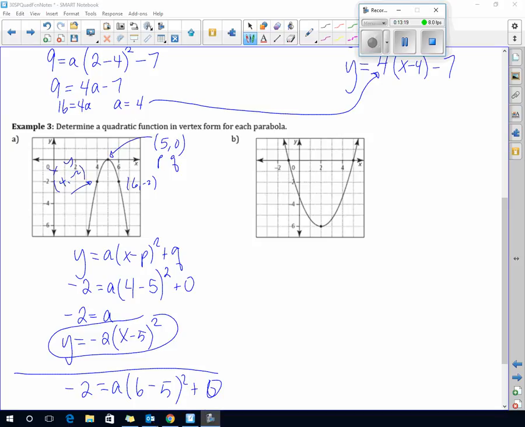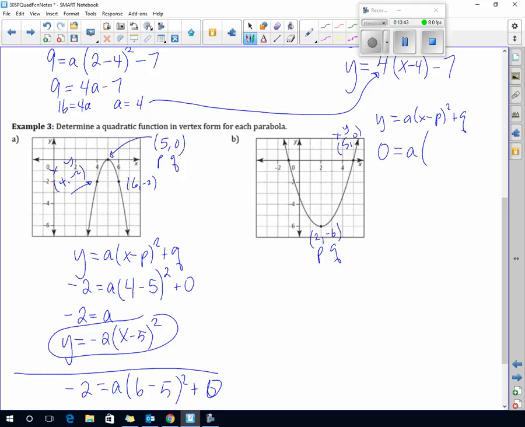Maybe I'll write it up here, y equals a (x minus p) squared plus q, just so I know what you're doing. So 0 is my y, a I don't know, x is my 5, p is my 2, so subtract 2 squared, and then subtract 6.